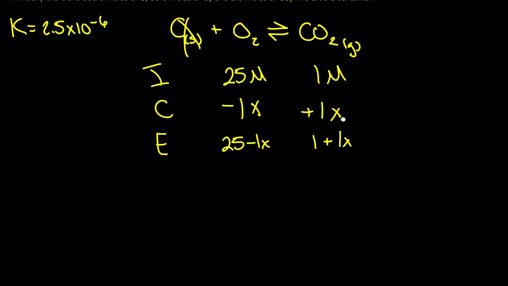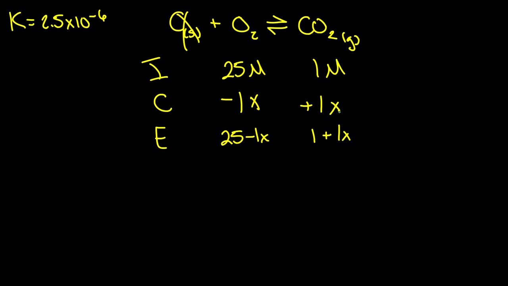Now we got our ICE table, we can write our formula. So K equals products over reactants. Only got one product, that's CO2, and it is to the first. Only have one reactant since carbon was canceled out due to it being a solid, and that is oxygen, and it's to the first.